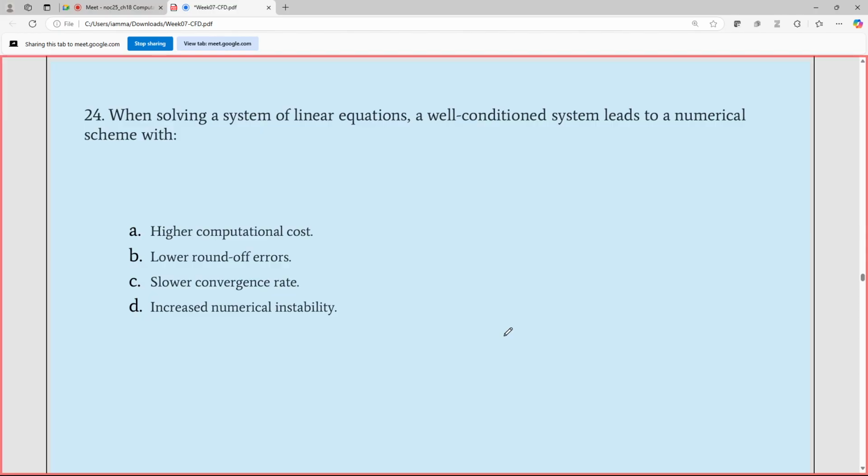Moving on to the next question. When solving a system of linear equations, a well-conditioned system leads to a numerical scheme with which of the following? Options are option A, high computational cost; option B, lower round-off errors; option C, slower convergence rate; option D, increased numerical stability.